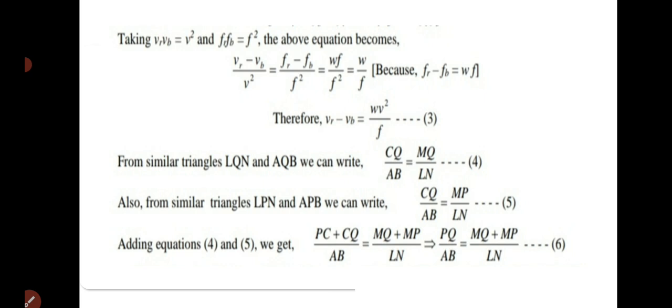Adding equations 4 and 5, we get (PC plus CQ) divided by AB is equal to (MQ plus MP) divided by LN. It gives PQ divided by AB is equal to (MQ plus MP) divided by LN, equation number 6.